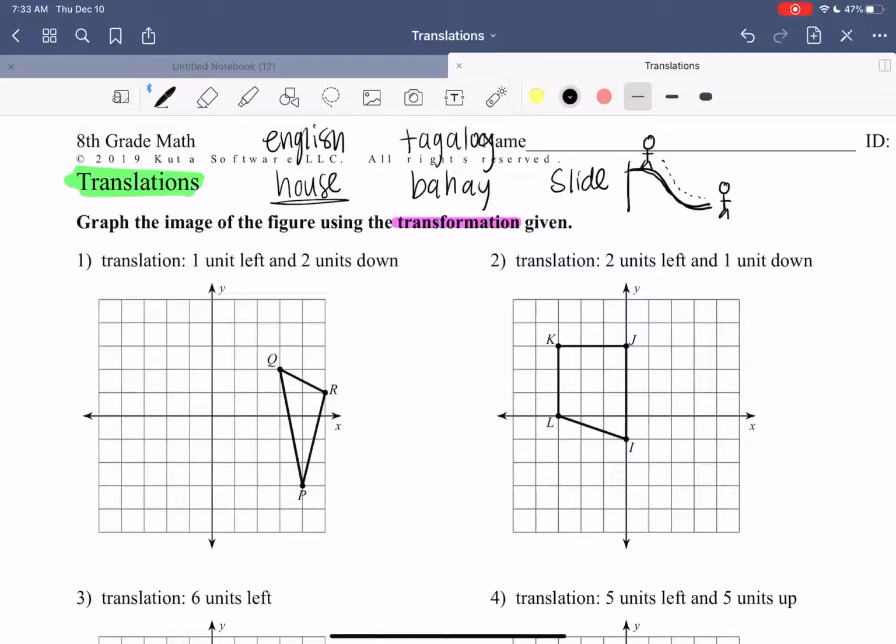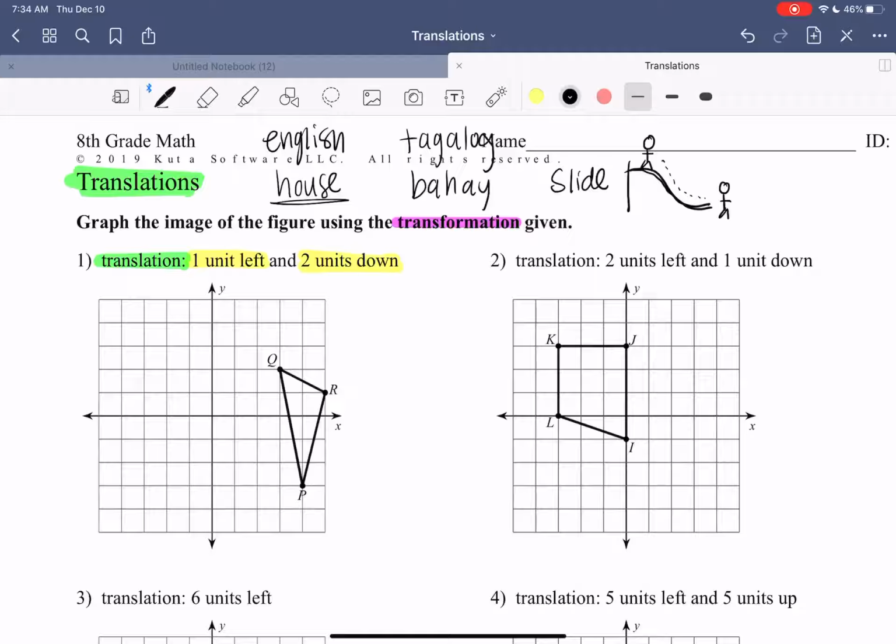So let's go ahead and look at one way that we can be asked about translations. So here's our first one. Just like in Simon Says, they're telling us to take our shape and to move it 1 unit left and 2 units down. So we see our original shape we have here.